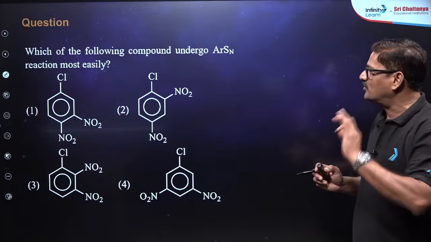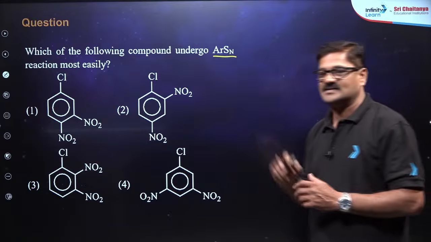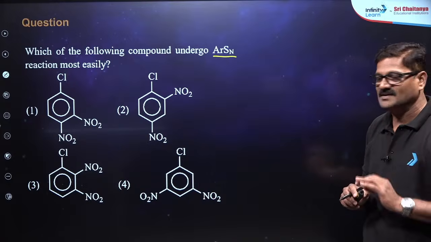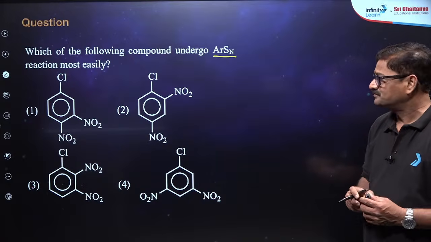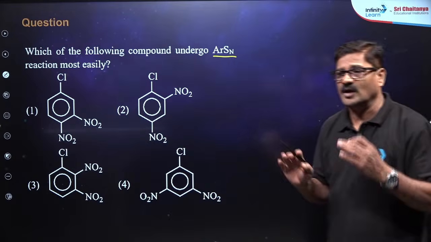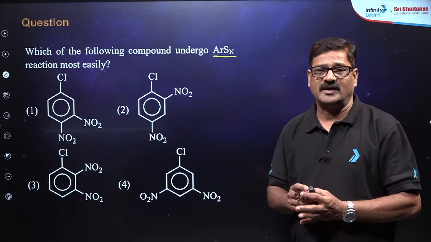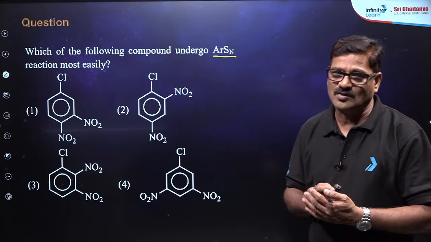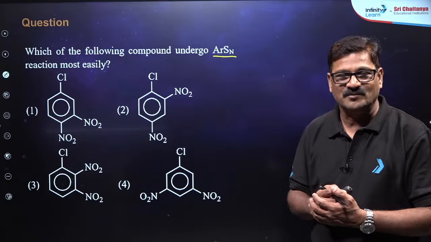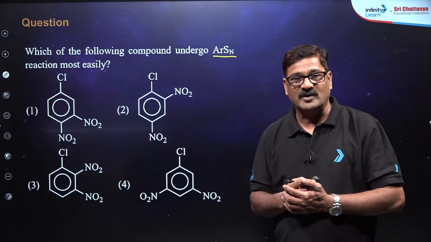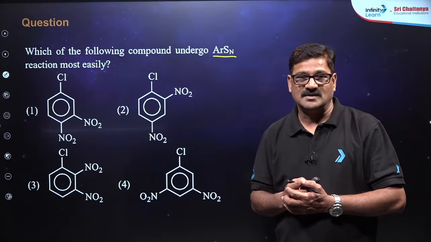Which of the following compounds undergoes ArSN, aromatic nucleophilic substitution reaction, most easily? Haloalkanes undergo nucleophilic substitution reaction. Haloarenes do not undergo nucleophilic substitution reaction. Why? Because of resonance.